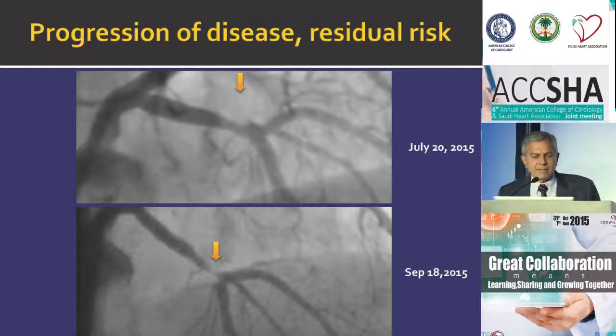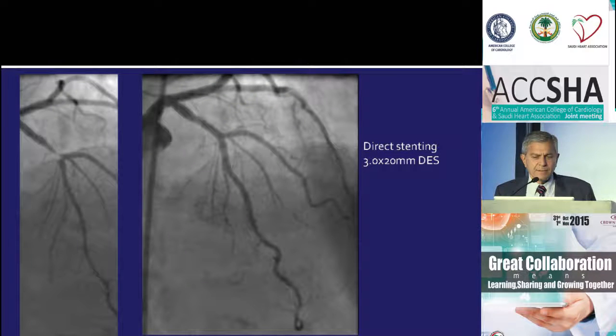So obviously, this is a perfect example of progression of disease and residual risk. So this lesion was probably not significant, it just progressed, and it became significant. And this is the problem. And of course, we stented it. It was a quick, direct stenting, even though it was a bifurcation, but I was not worried about plaque shifting. The plaque was very soft to begin with.